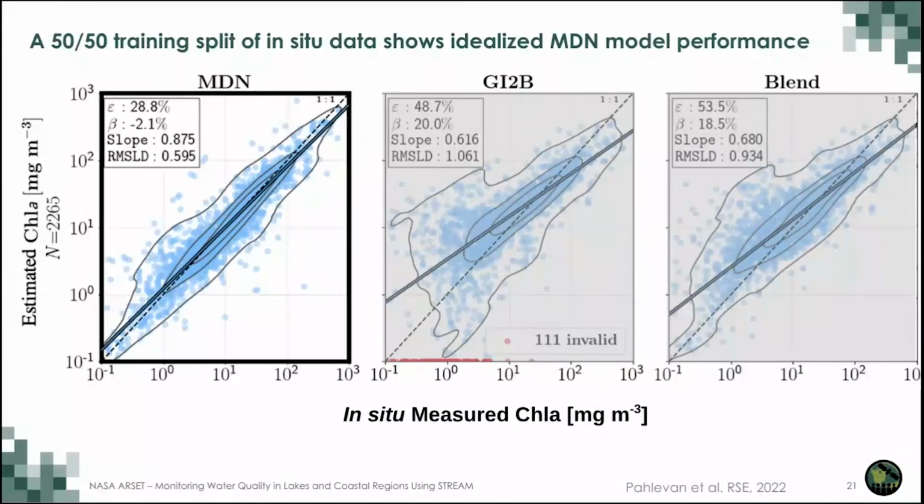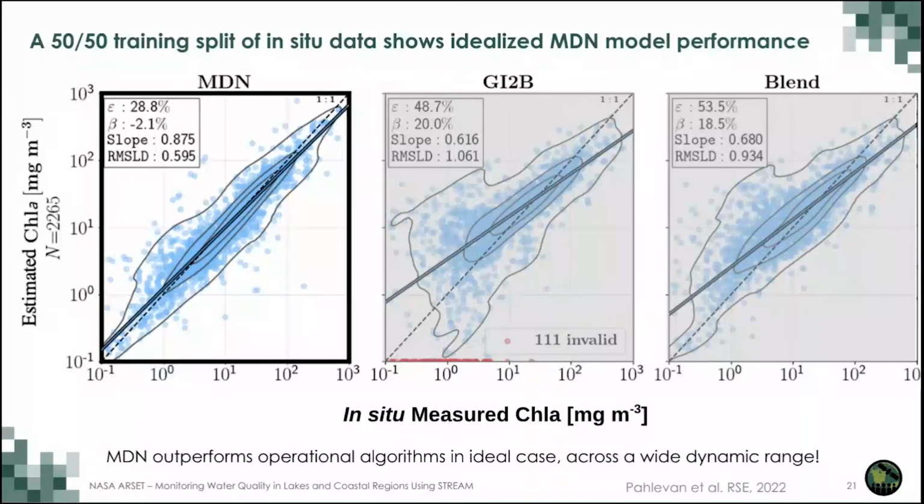As you can see from this graphic, mixture density networks are able to achieve lower error, lower bias, higher slope, and lower root mean square log difference over a wide range of different chlorophyll values. But this is in the idealized scenario where we're estimating based on in situ data where the MDN has seen half that data.